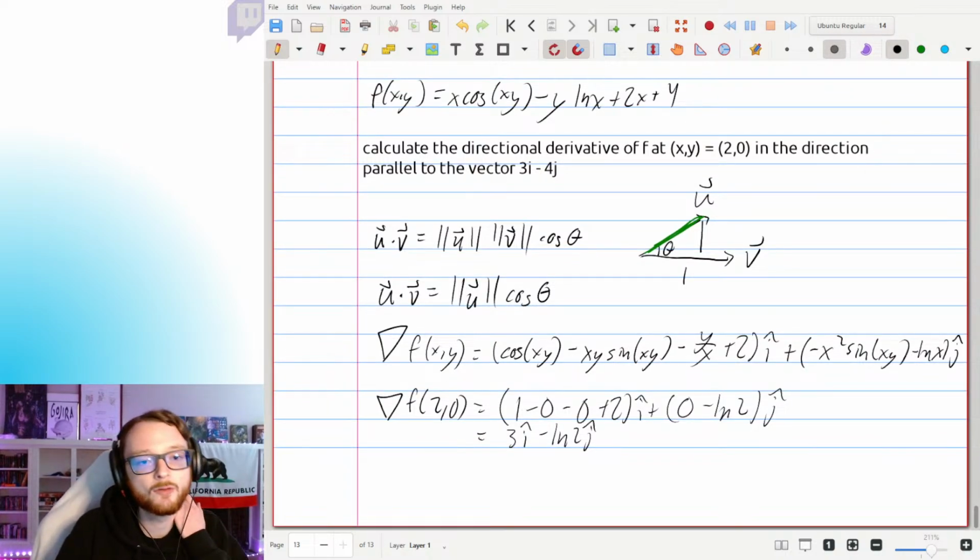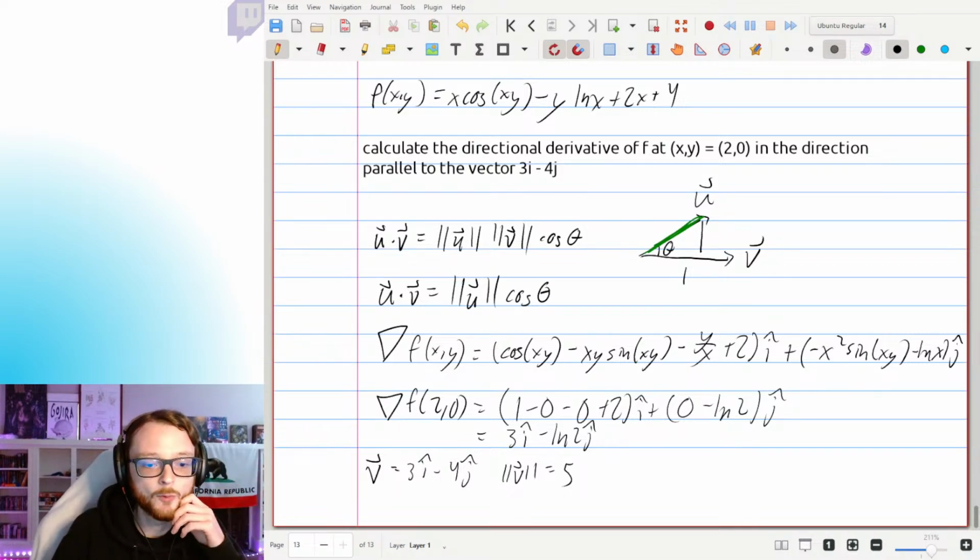And now we just need to get the unit version of that vector there. I'll call it v. So when you get the magnitude, if you know your Pythagorean triples, you can just see that it's 5.